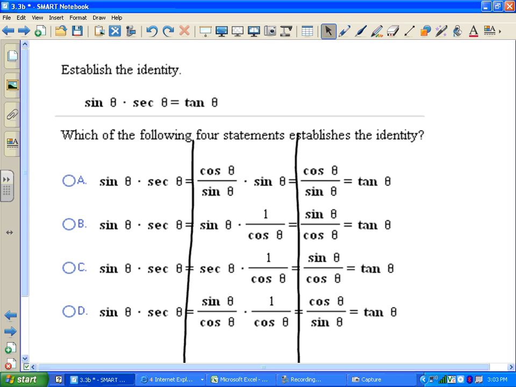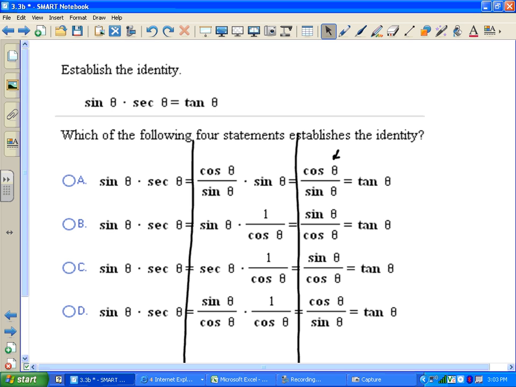When I look at the last step, I'm just going to ask myself, well, does that make sense? So let's look at choice A right here. The last step on choice A says that the cosine of theta over the sine of theta is equal to tangent theta.